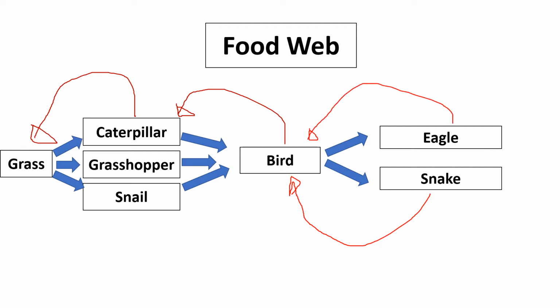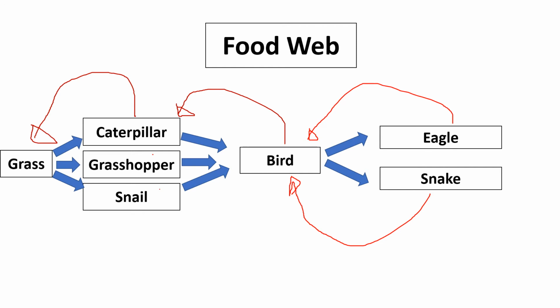So that's the process of food web. It is called food web because it has a lot of chains, or a web, okay? So this is an example of food web. It starts with a producer, which is the grass, followed by the consumers, which are first caterpillar, grasshopper, snail.